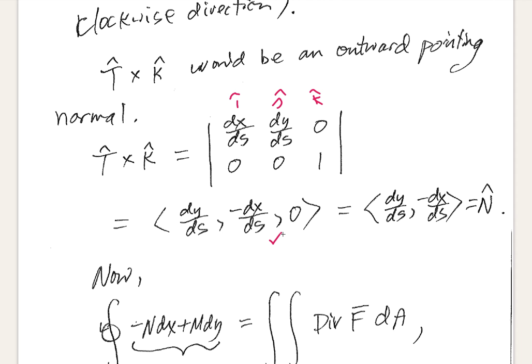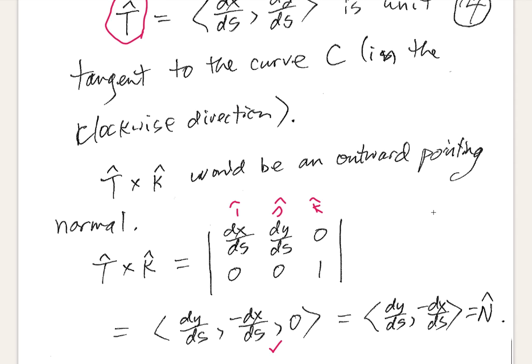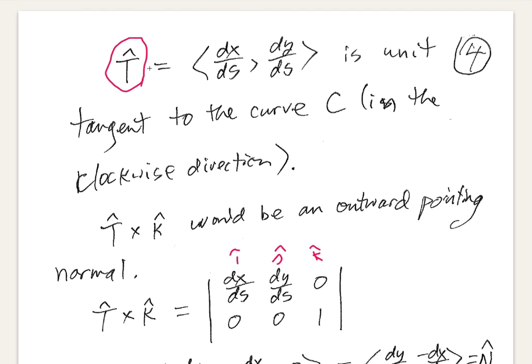And this is more readily written, since the k component is 0, as dy over ds, negative dx over ds. This is actually an outward pointing normal. Notice that if I dot this with my t hat, this is clearly a unit vector because my parameter is s.